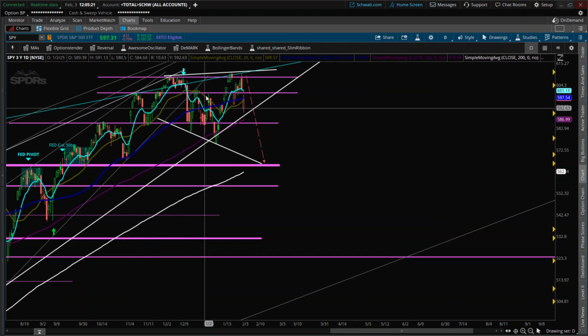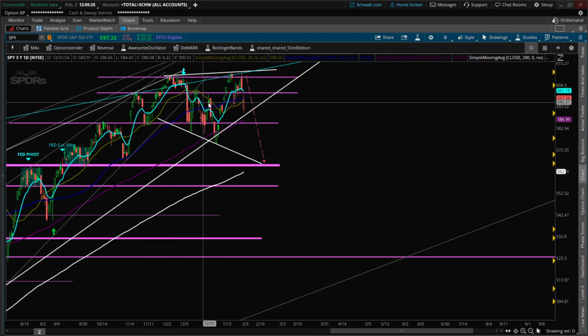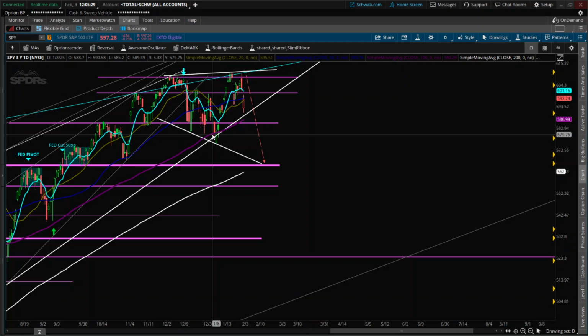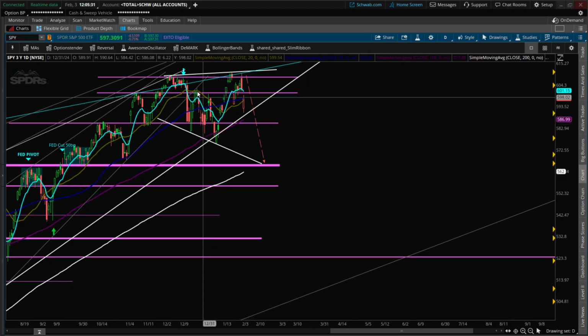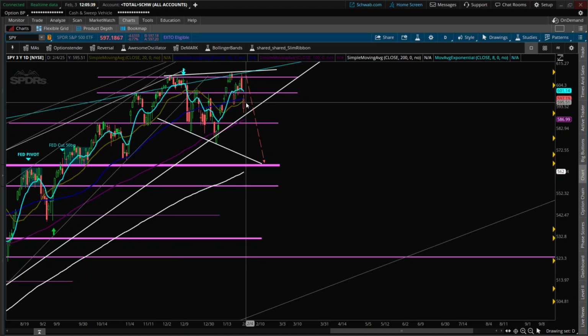Although we have an expanded move here, we've been going sideways for 3 entire months. They've been huge moves, some more lucrative than others, especially on the downside, because we've been bearish. But same thing is happening. We're just in a range, and this range is eventually going to break down or break out, okay?